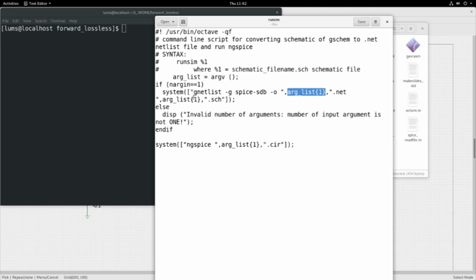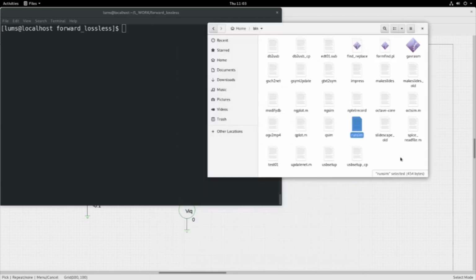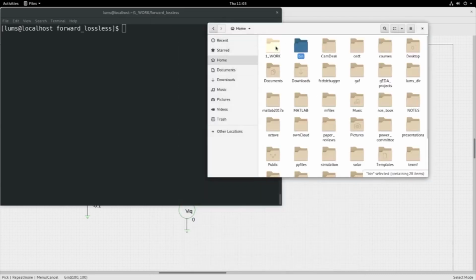So I am entering the schematic file and the netlist file will come as the output, and then immediately after that I am calling ngSpice with the same argument, the .cir file. So I don't have to type the netlist generation command every time. I will just call this runsim. So this is what I would be doing now.